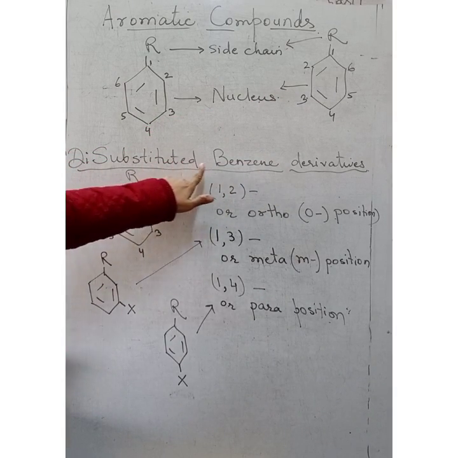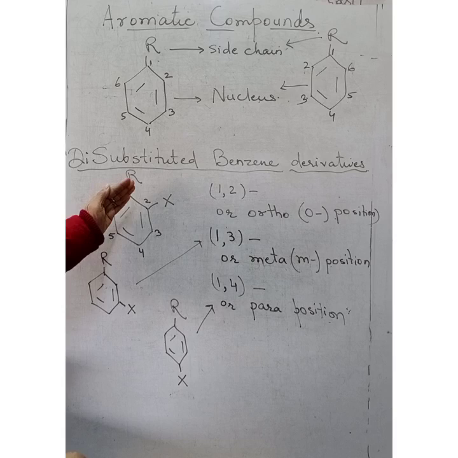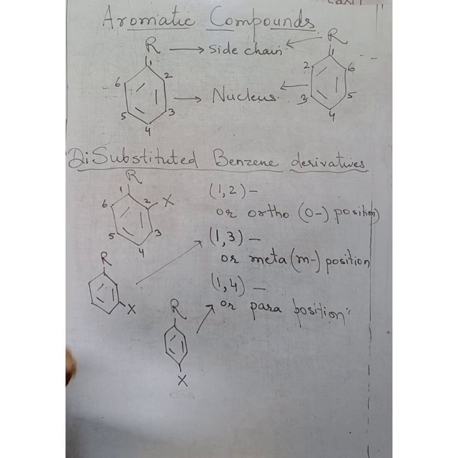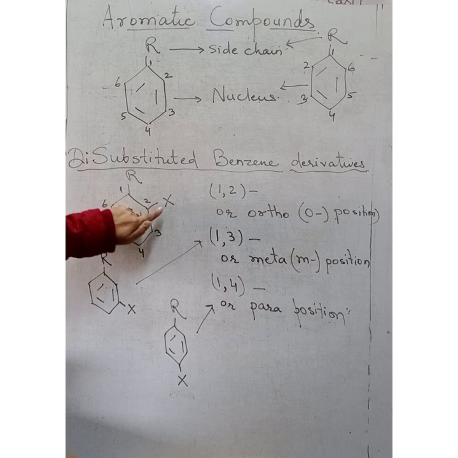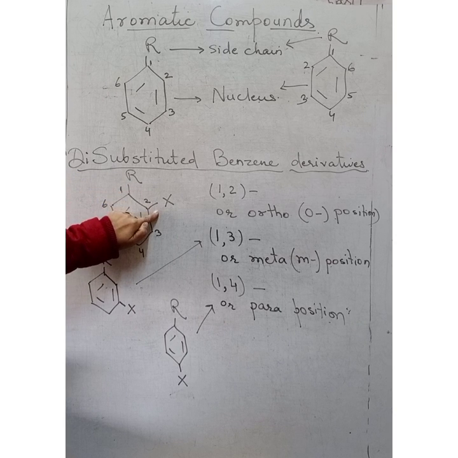In case of disubstituted benzene derivatives, that means two substituents are present, the numbering should be done in such a way that the substituent gets the lowest number. With respect to this alkyl group, if a halogen is present as another substituent, we have to number it like this. Number 1 goes to the alkyl group, number 2 to the substituent.